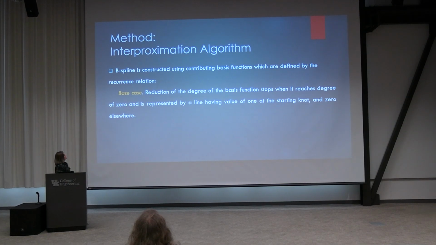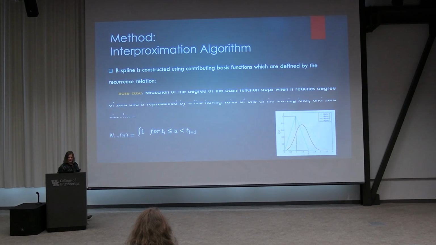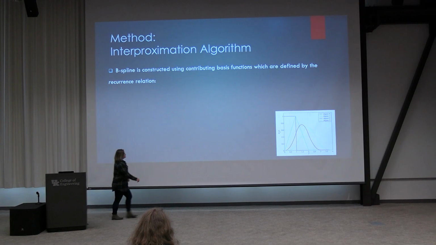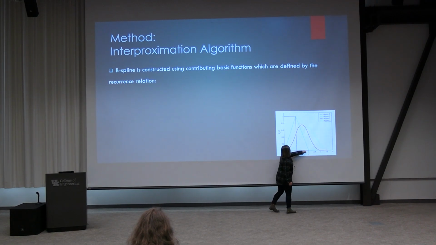So a B-spline in itself has a recursive formula, and it has a base case, which will be hit by reducing the degrees of the contributing basic splines. And when the degree equals 0, it will have a value of 0 at that point.